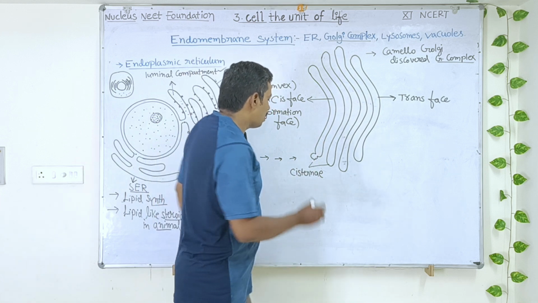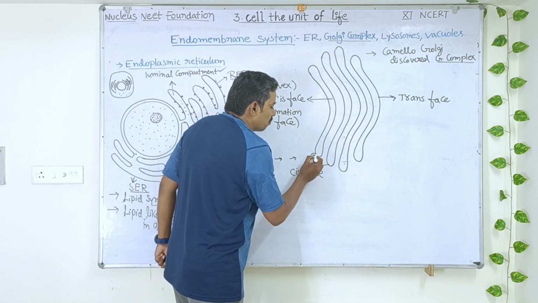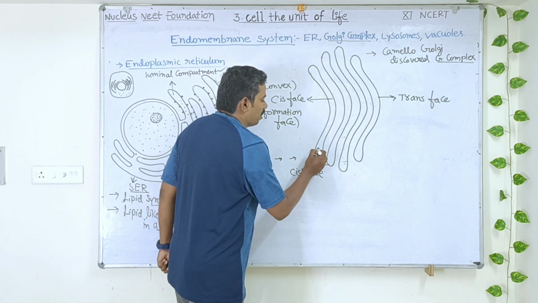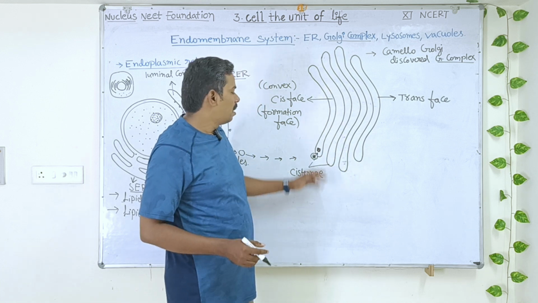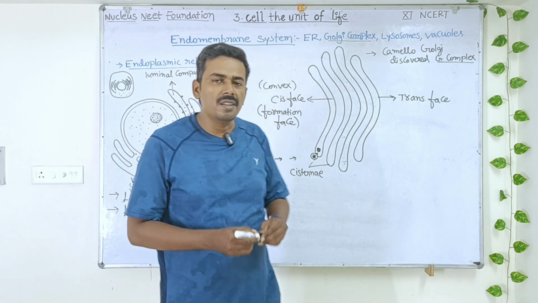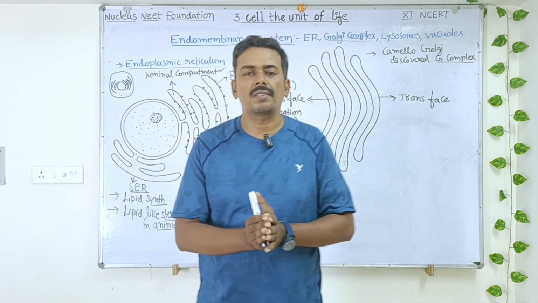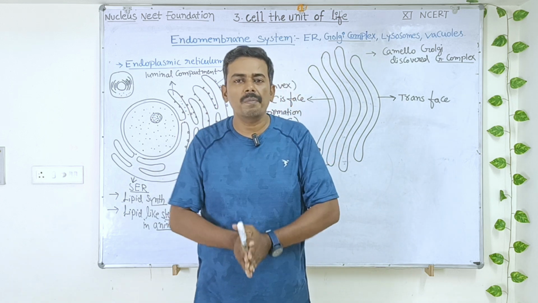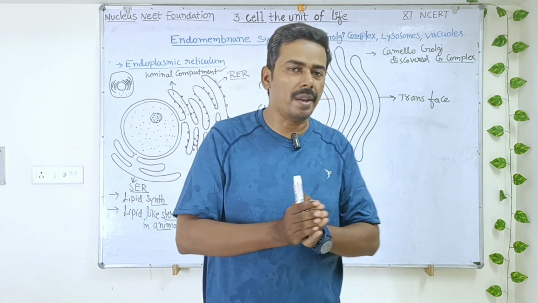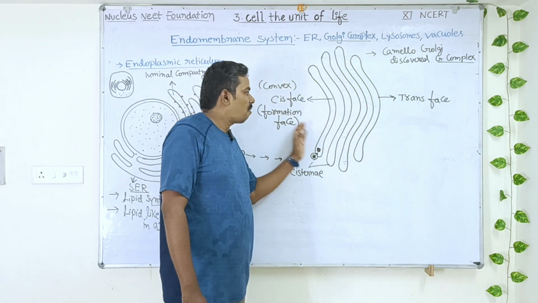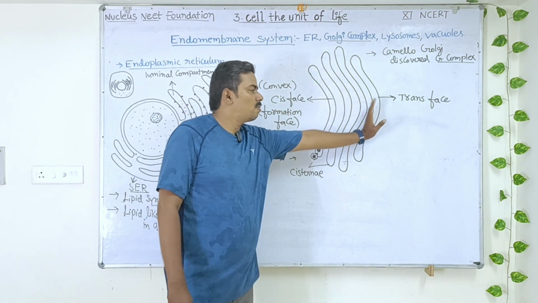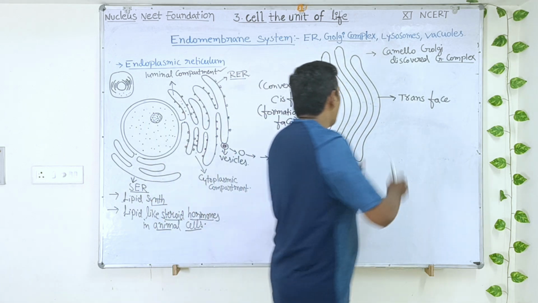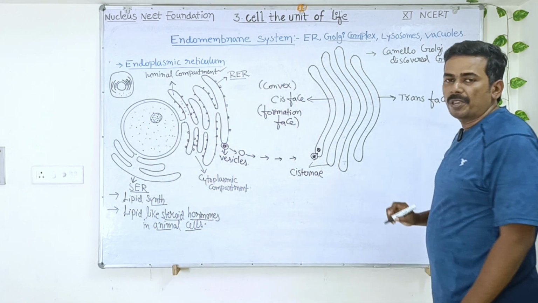Next, when the vesicles fuse with the cisternae here, the protein will be delivered into the Golgi complex. Now this protein will undergo several changes which are called modifications. Eventually, the protein gets modified into a functional protein inside the Golgi complex. As the new cisternae are formed, the old cisternae will be pushed towards the trans face, and here in the trans face we can see the matured cisternae.